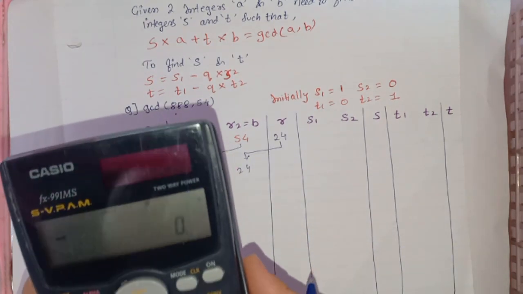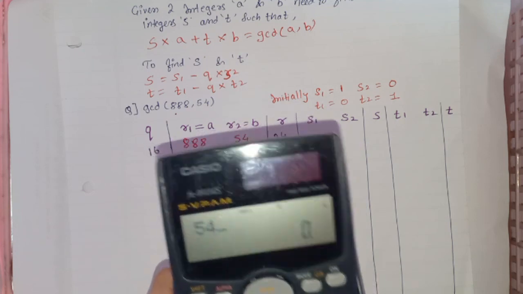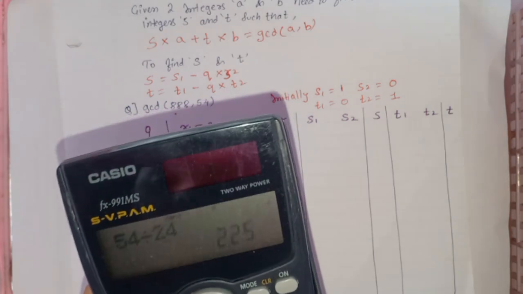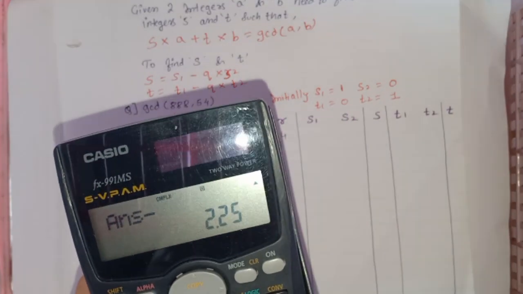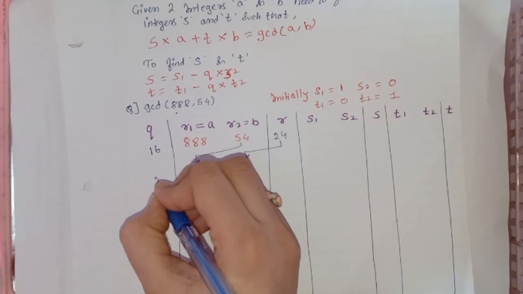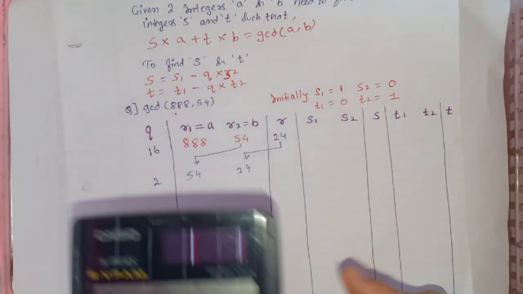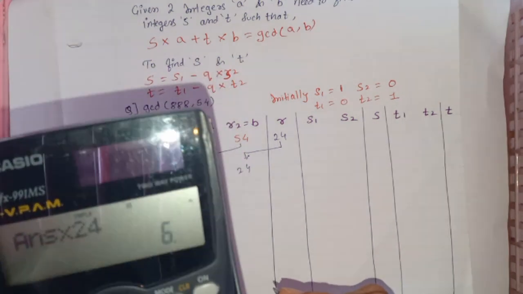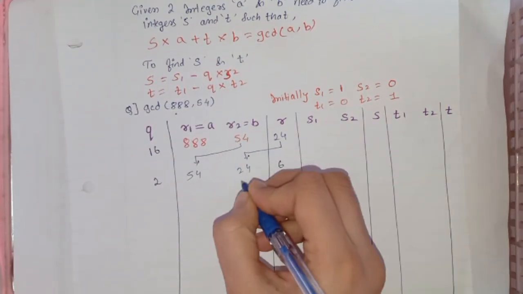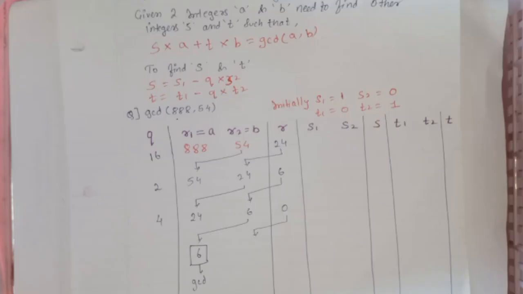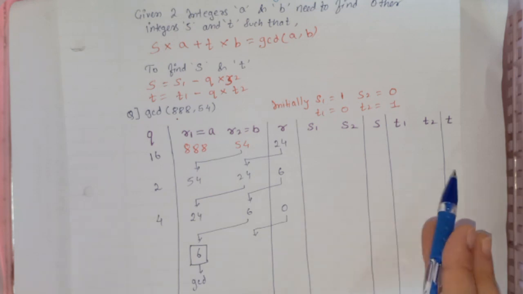Again 54 divided by 24 is equal to 2.25. So subtract 2. 2 is our quotient and the answer multiplied by 24, we get 6. Again this here and this here. So now we got our GCD and now we'll check how to find S and T.